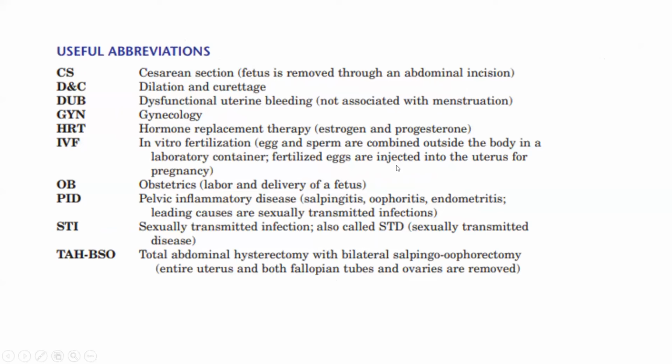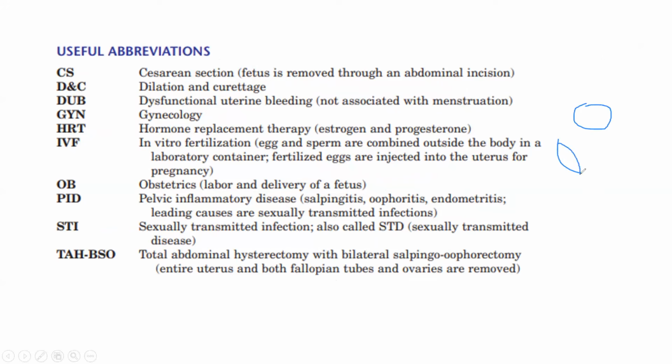Some abbreviations, they are not very important, but D&C we have done, gynae we have done, IVF, in vitro fertilization. This is the laboratory method to produce a test tube baby. What is the basis for test tube babies? We have ovum from the mother and sperm from the father.